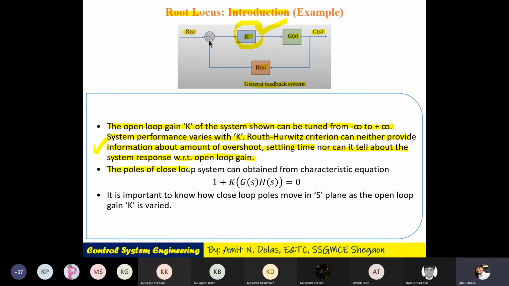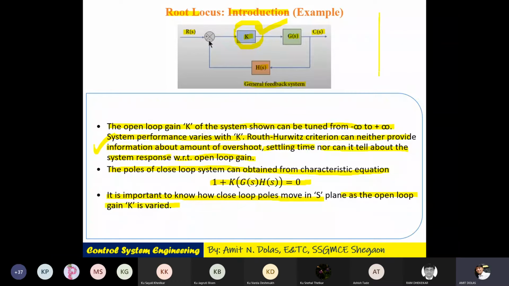The poles of the closed loop system can be obtained from the characteristic equation. You know what the characteristic equation is? It is the denominator equal to 0. Then it is important to know how the closed loop poles move in the S plane as the open loop gain K is varied.